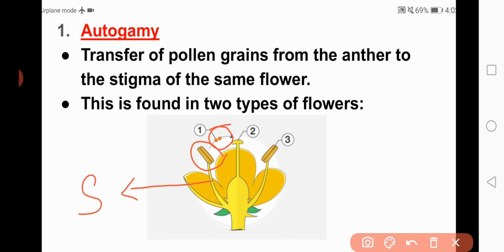Now if the pollen grains are transferred from the anther to the stigma of the same flower, then this type of pollination is called autogamy, or it is also called self-pollination.